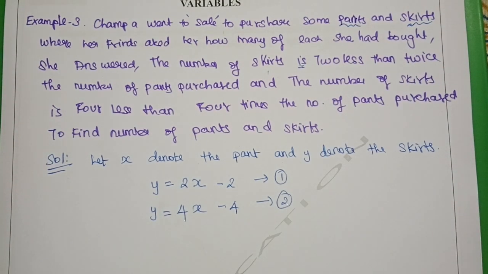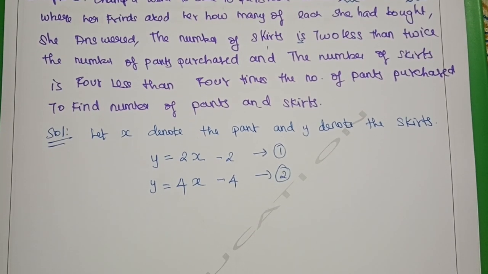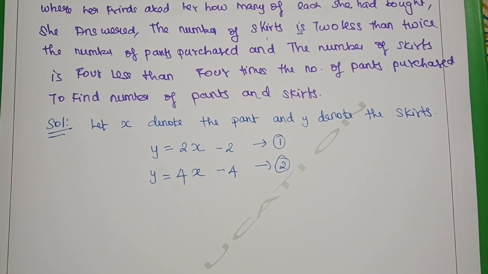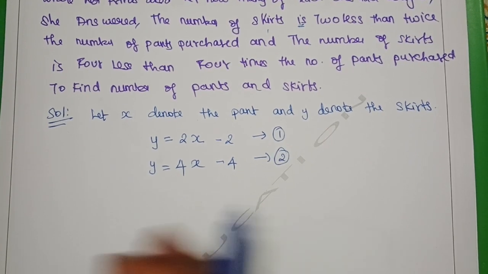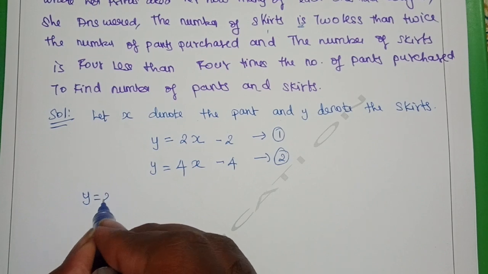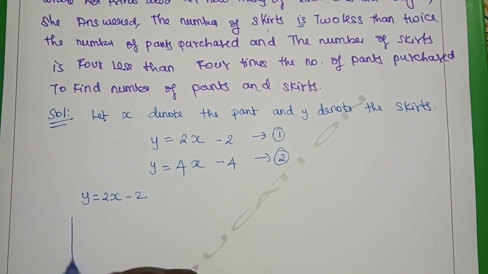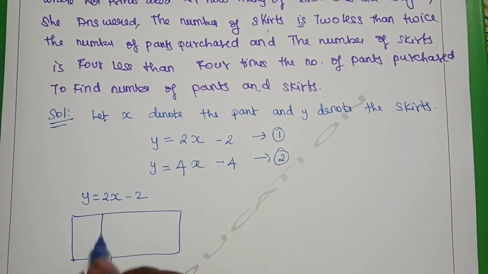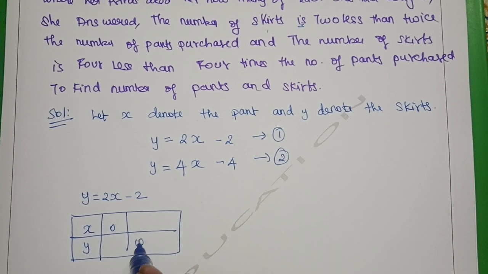The next step is to find the answer graphically. The first equation is y equals 2x minus 2. As I said in the first example, it is very easy. Make a table of x and y.